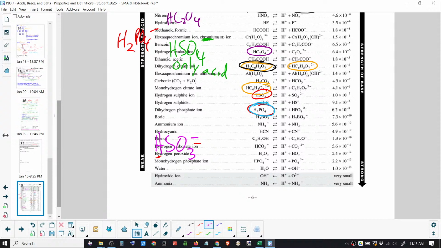This list is not nearly as useful because the strong bases given here are O minus 2 and NH2 minus, and those do not correspond to the strong bases you know and love. Give me a strong base from grade 10. What kind of OH?